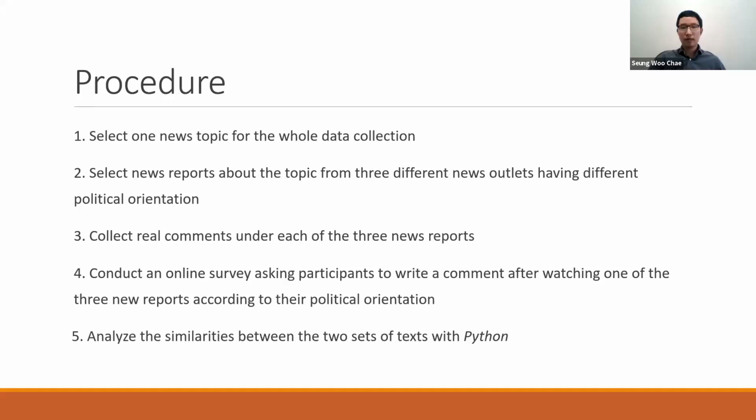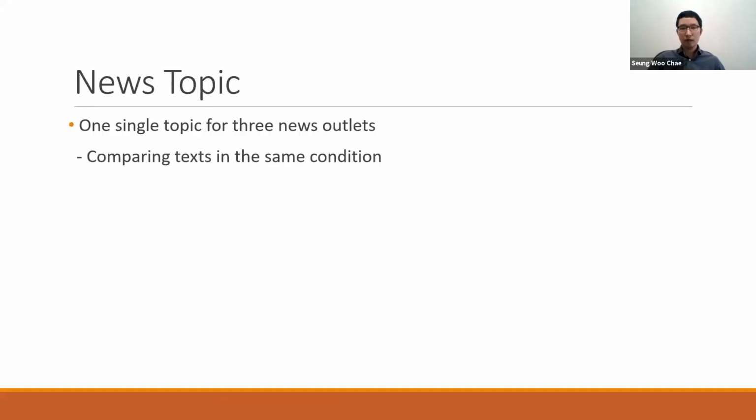And then, to collect texts assumably representing the whole audience, I conducted an online survey on MTurk asking participants to write one comment after watching one of the 3 news reports according to their political orientation. Lastly, I analyzed the similarities between the 2 sets of text by Python, a computational language.